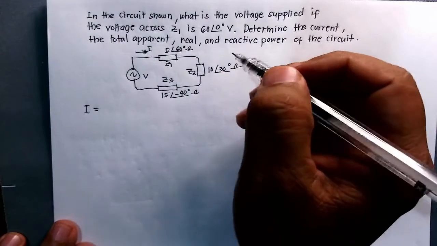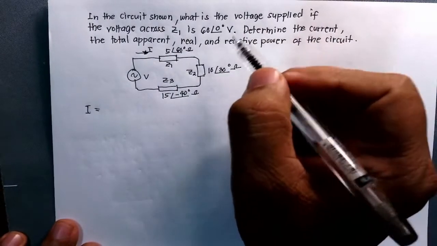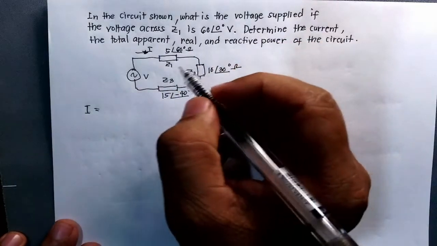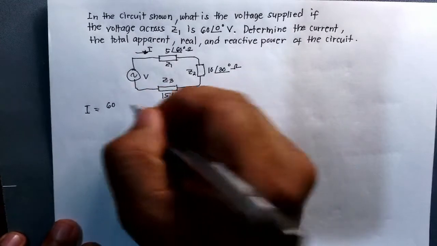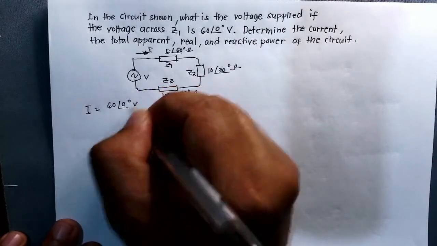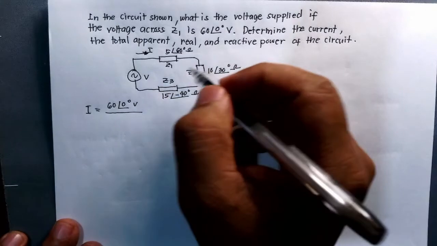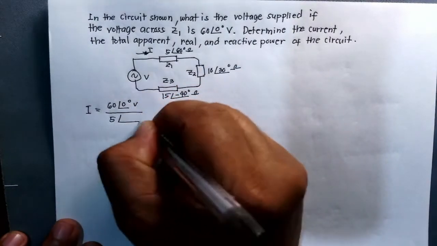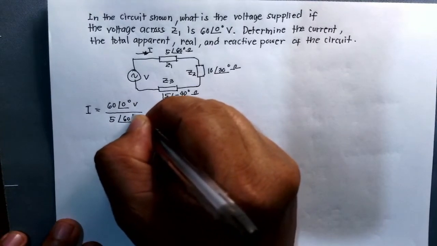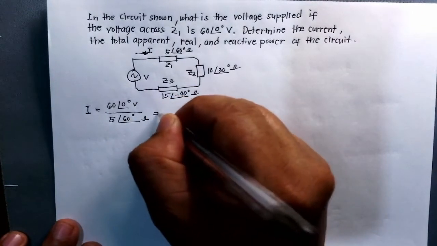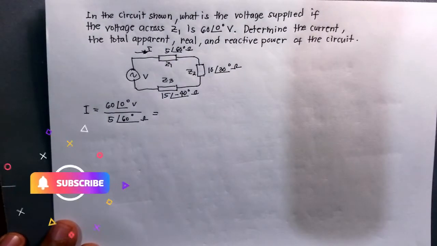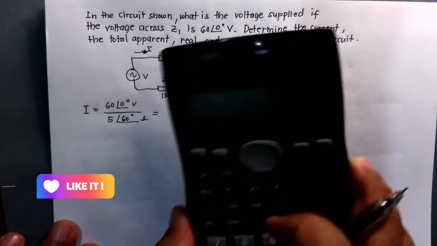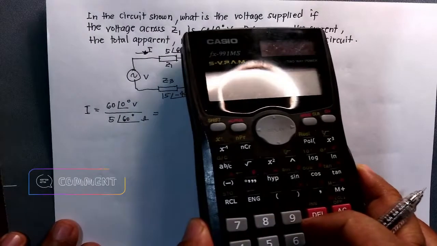So therefore, I, by using Ohm's law, since the voltage at Z1 is already given here and has a value of 60 cis of 0 degree volts, we are to divide this by the impedance at Z1, that is 5 cis of 60 degree ohms. If you are going to solve this, you can directly have it computed in your calculator.